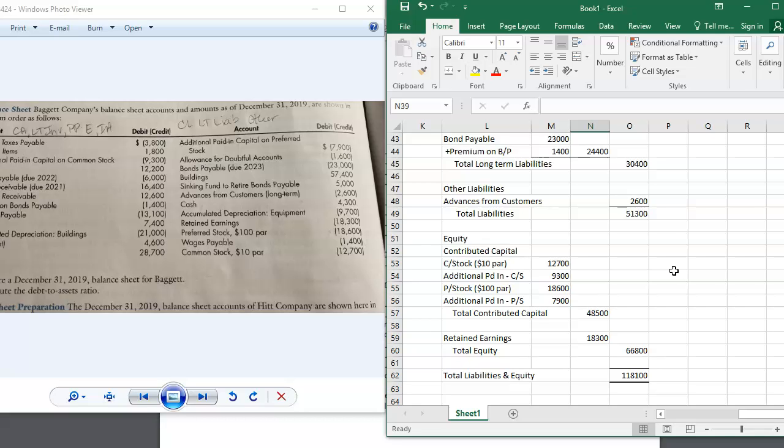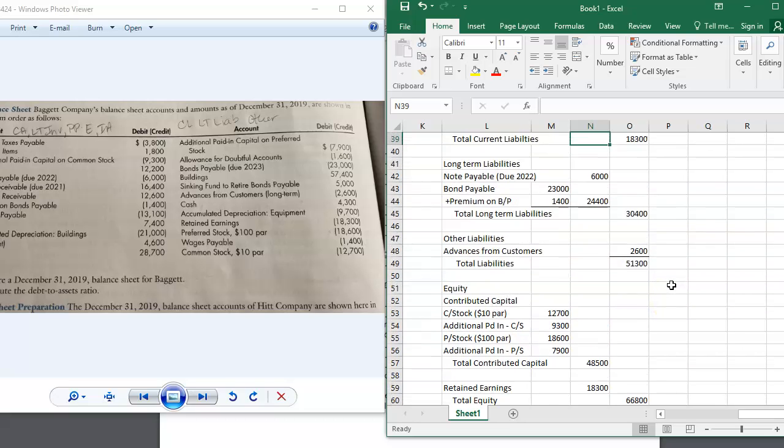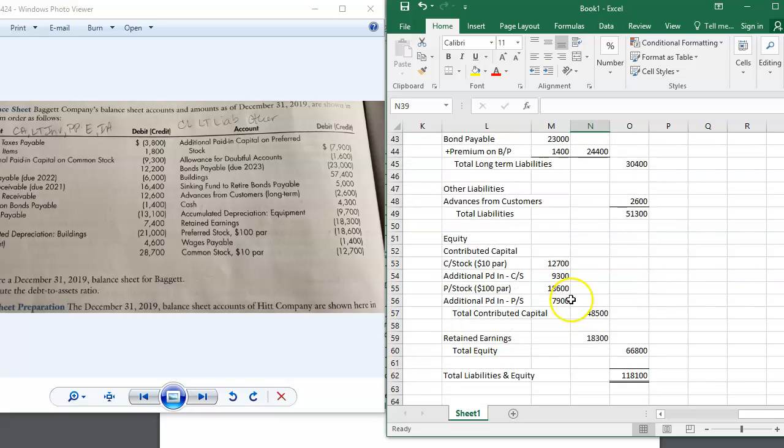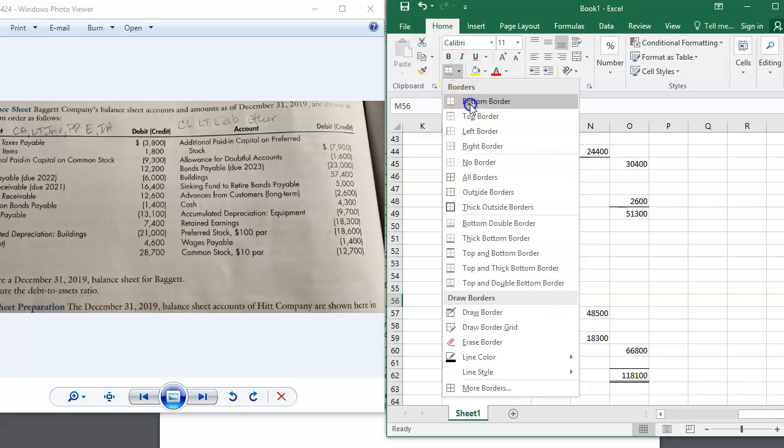So always divide your number by 2 and see if you can find that number. But this particular kind of mistake would have been very hard to find. I just had to go through and look at all my numbers to see which one I had wrong. Okay. So now they total out, and now I'm just going to make it look pretty.